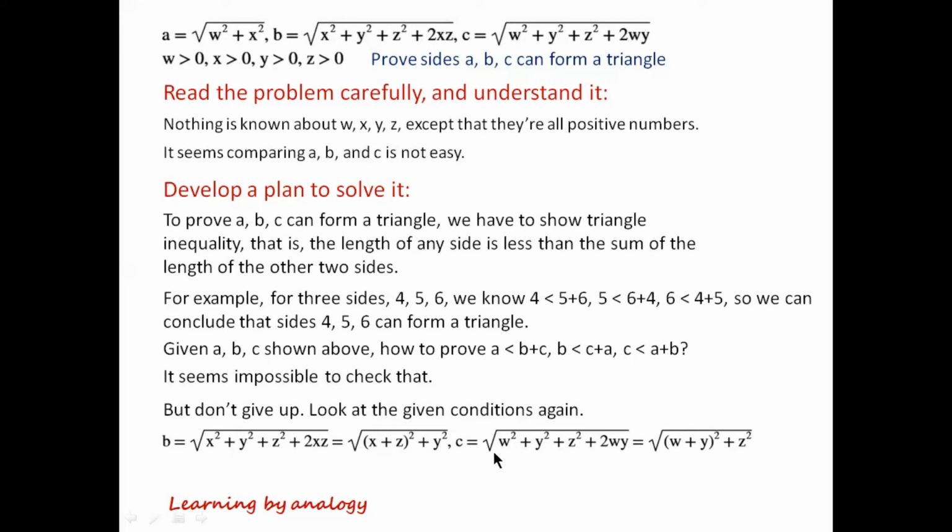C equals root of w squared plus y squared plus z squared plus 2wy. w squared plus y squared plus 2wy can be combined and written as w plus y all squared.